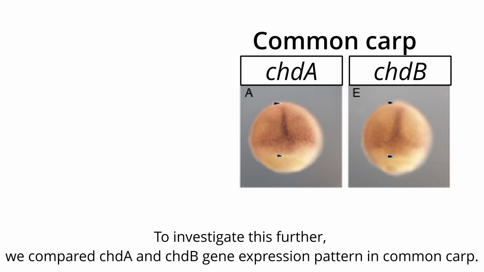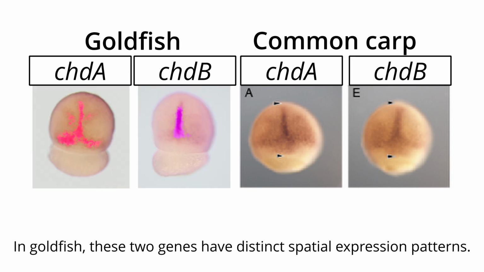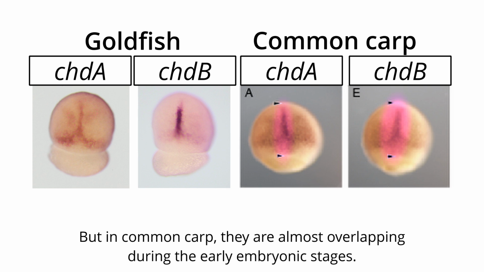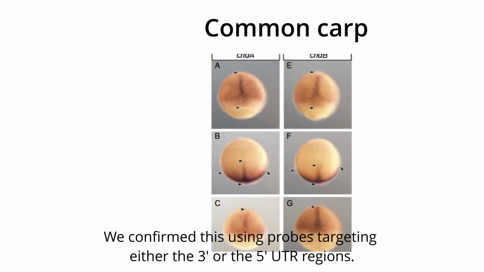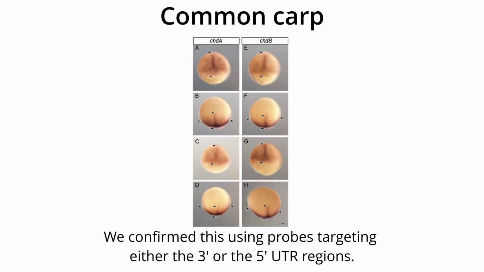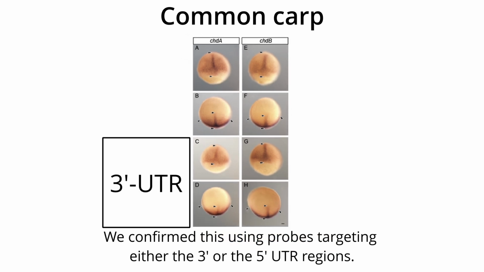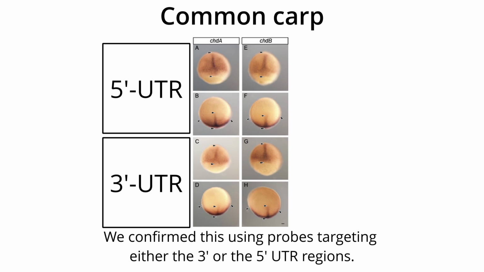To investigate this further, we compared coding A and coding B gene expression patterns in common carp. In goldfish, these two genes have distinct spatial expression patterns. But in common carp, they almost overlap during the early embryonic stages. We confirmed this using probes targeting either the 3' or 5' UTR region.